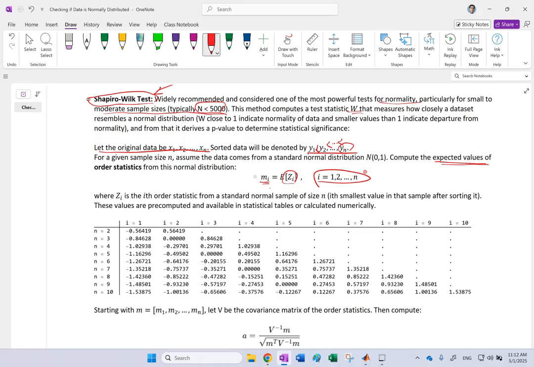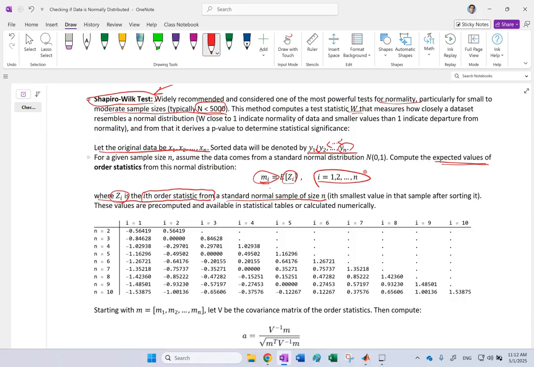What is Z first? Z is called the ith order statistic from the distribution that you want. In this case, a normal distribution. So from a normal distribution with N data points, you want to calculate the ith order statistic, Zi, and then find the expected value of that, Mi.